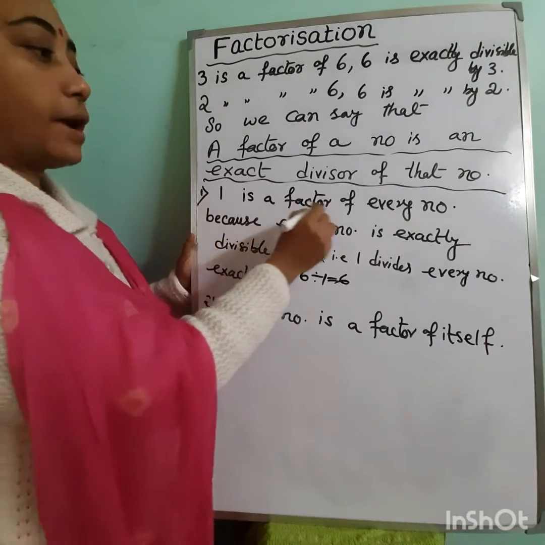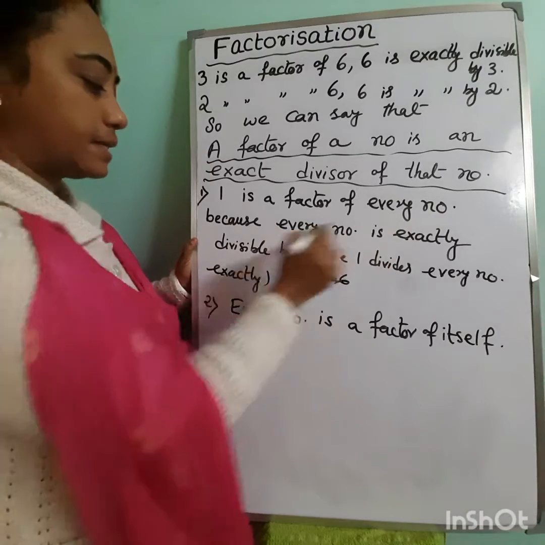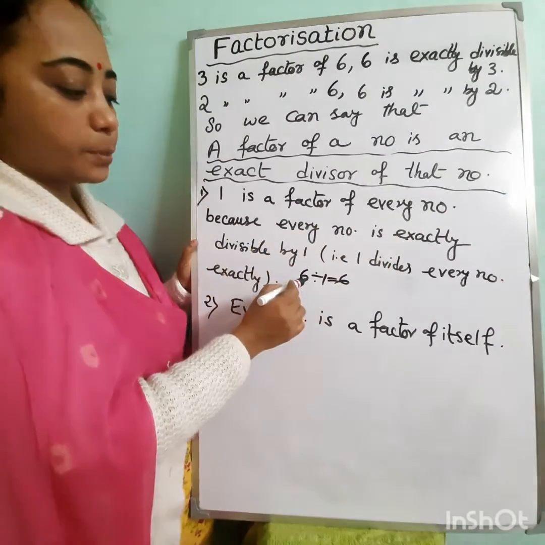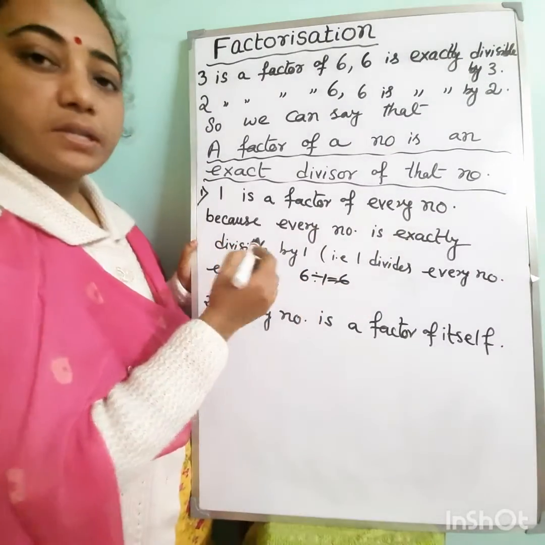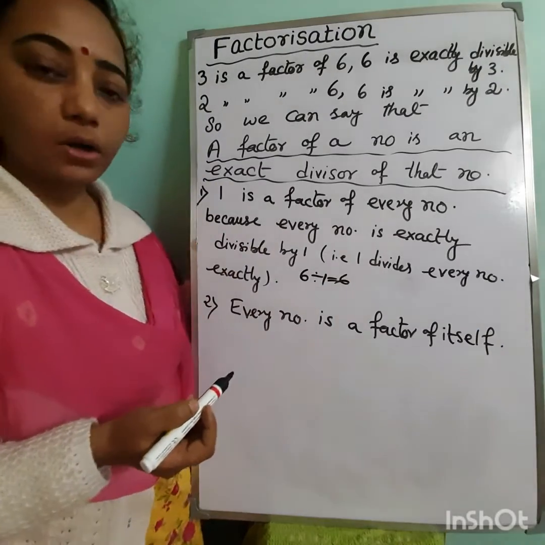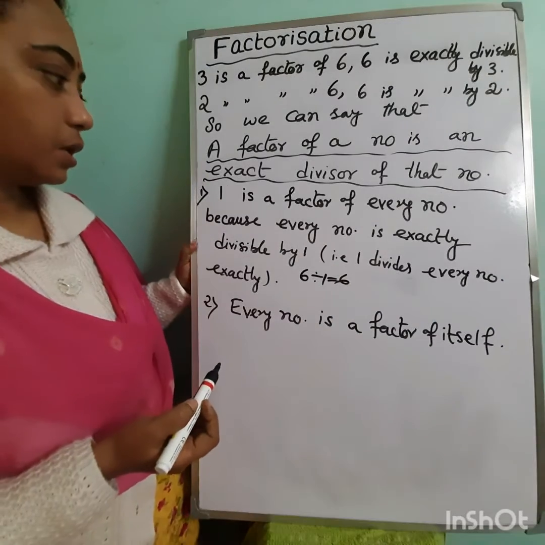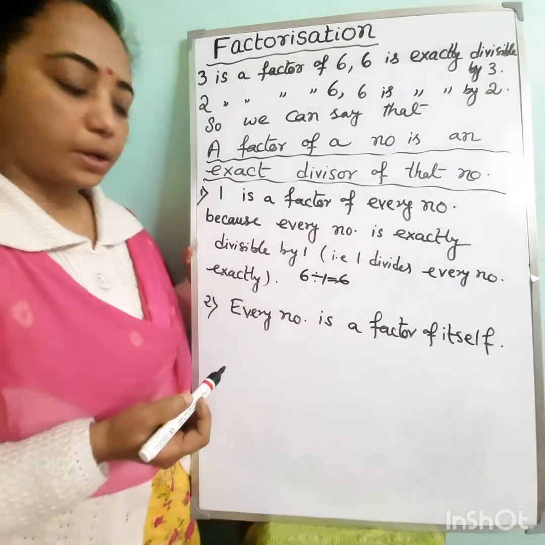Here 1 is a factor of every number because every number is exactly divisible by 1. For example, 6 is divisible by 1, 7 is divisible by 1. Or in other words, 1 divides every number exactly. So 1 is a factor of every number.